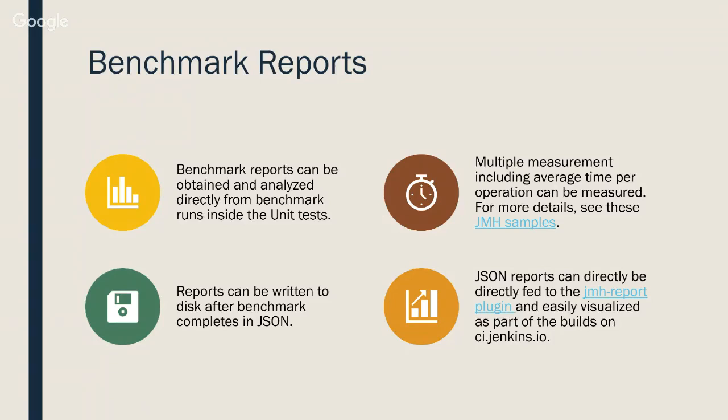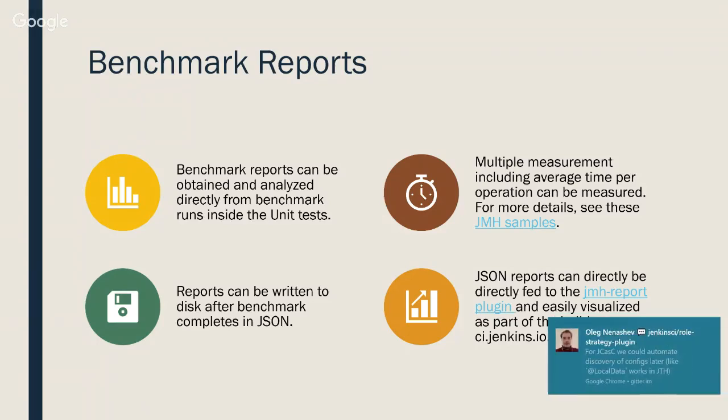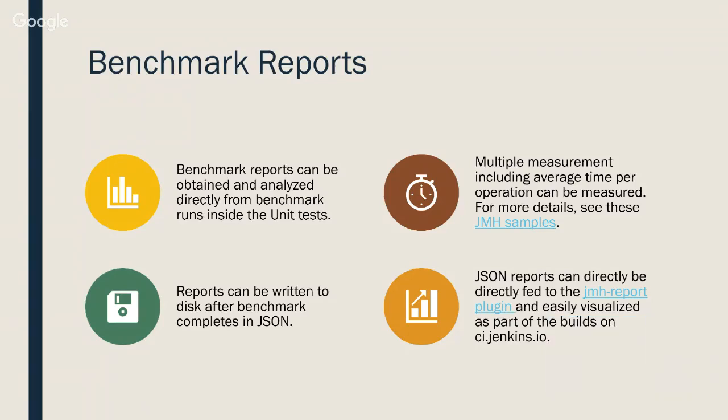JMH allows us to measure multiple things. We can measure the average time for a lot of operations. How JMH works is that it creates multiple forks, and for each fork, it first runs some warm-up iterations to warm up the JVM, so it doesn't have to compile the code again, I mean, inline compile to machine code.